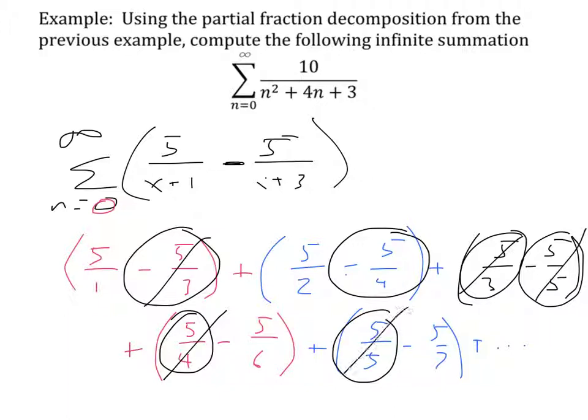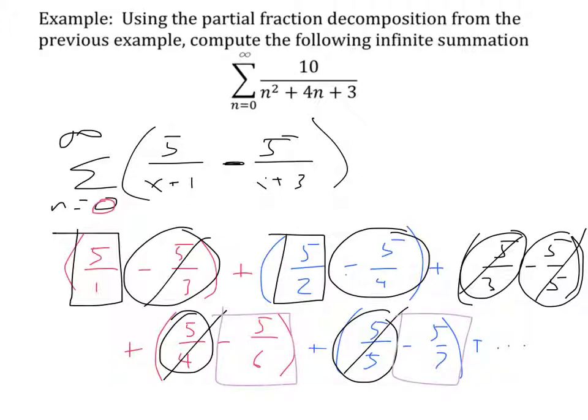Those add up to 0. The idea is that as I go infinitely far along, nothing will ever subtract off the 5 over 1 or the 5 over 2. It's also true that nothing will subtract off the 5/6 and the 5/7. Well, that's actually not true. Eventually something will subtract the 5/6 and the 5/7.